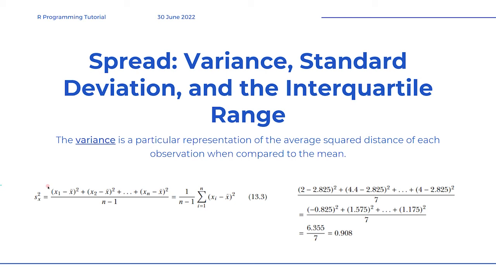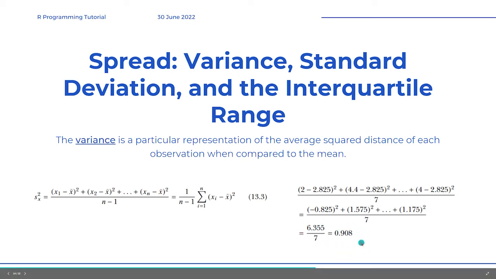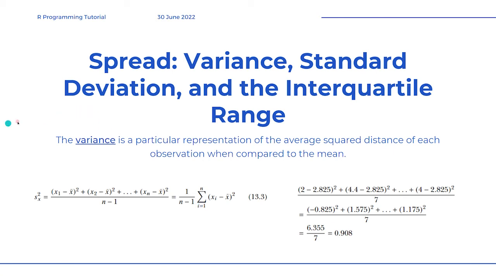What we did is we square the difference of the variables minus the mean, add them up and divide by the number of variables minus 1, and you will receive the variance, which is 0.908.